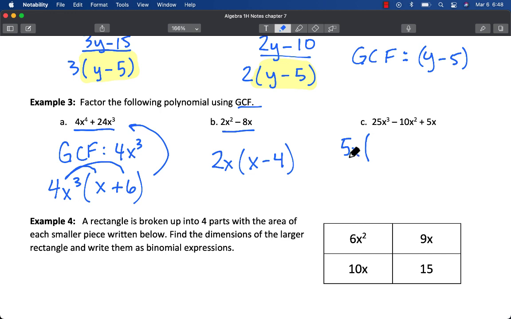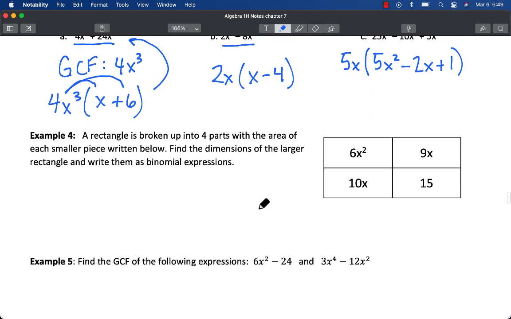Now if I pull the 5x out, this is kind of like the reverse distributive property, right? You're dividing out a 5x. I'm going to be left with 5x squared minus 2x plus 1. So there are the factors of this polynomial.